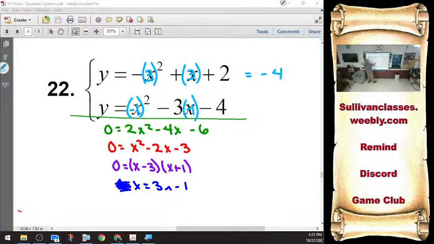Negative 1 squared is 1. 1 minus a negative 3 is 1 plus 3, so 4. Minus 4 is 0. So 3, negative 4, and negative 1 all give 0.